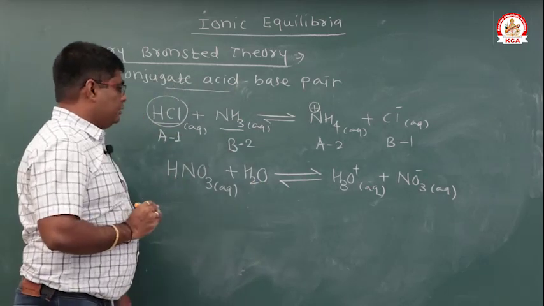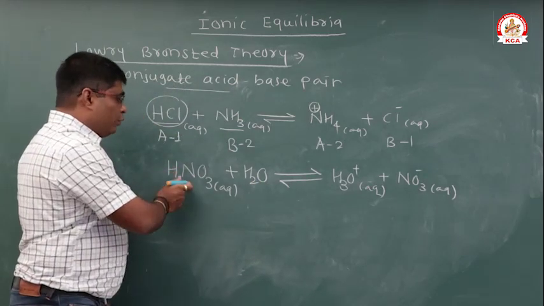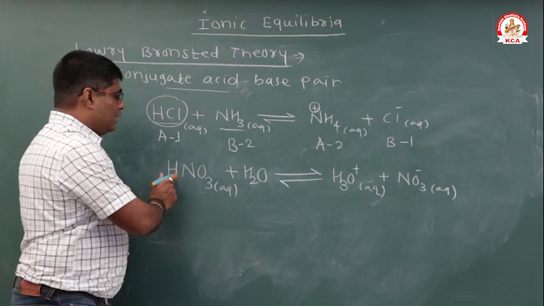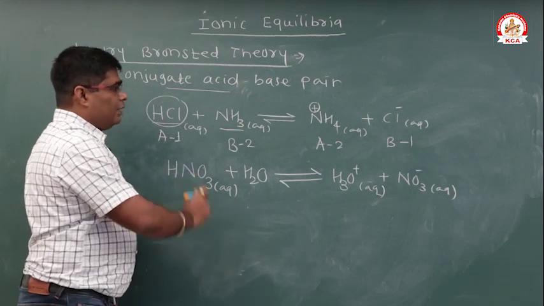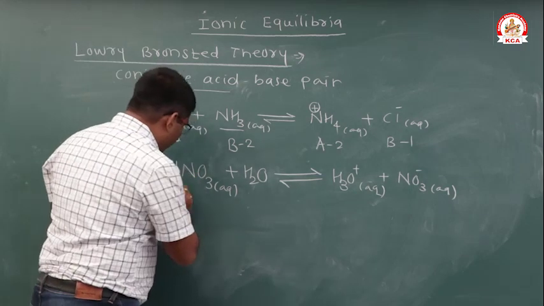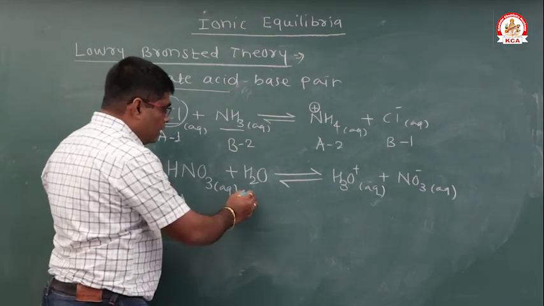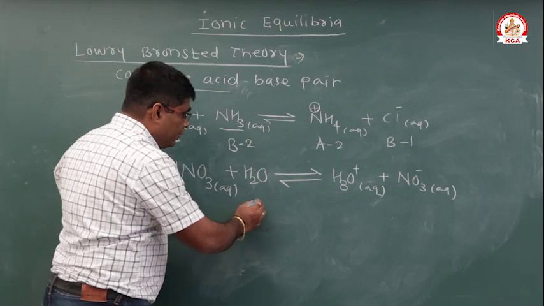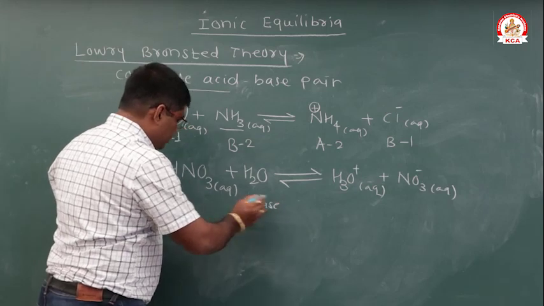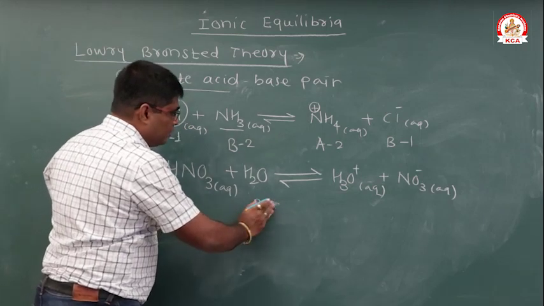HNO3 नायट्रिक ऍसिड. HNO3 donates the proton, आणि प्रोटॉन म्हणजे H+ दिल्यानंतर पाठीमागे काय शिल्लक राहील? NO3 मायनस. म्हणून हा प्रोटॉन देतो म्हणून याला ऍसिड म्हटले. त्यानंतर हा प्रोटॉन घेतो म्हणून याला बेस म्हटले. This is acid, this is base.